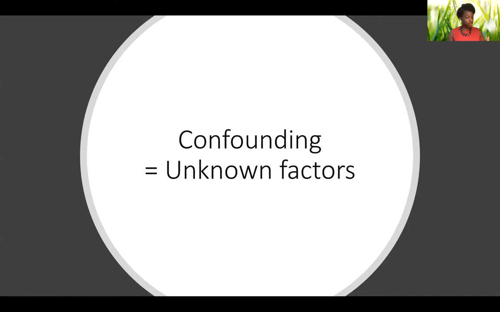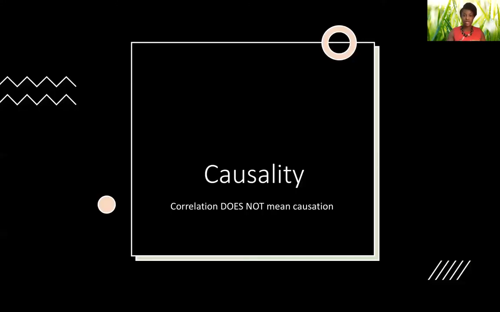So moving on along in chapter 1, causality. It's a very big theme in research because correlation does not mean causation. And a lot of times people see something that's correlated and they think, well, because there's a strong correlation, then this X caused Y. And we cannot necessarily say X caused Y because you don't know.